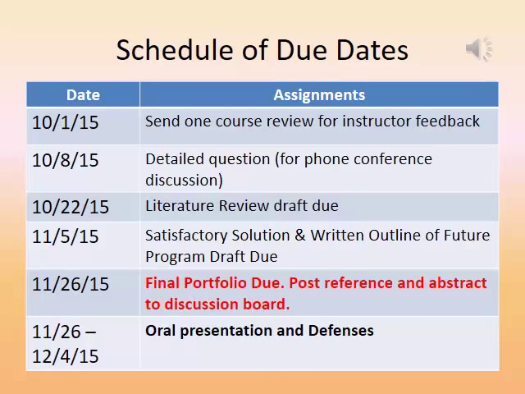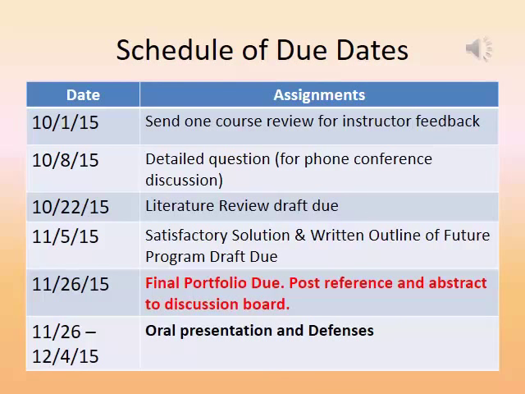I will mostly look at the content and organization of your program reviews and literature review. I will be checking your citations by searching for them in your reference section, running a variety of electronic grammar checks, and using rubrics to determine the quality of your work.